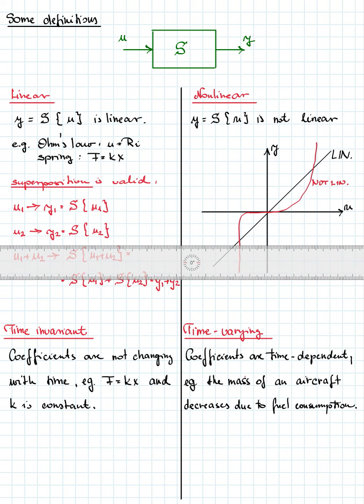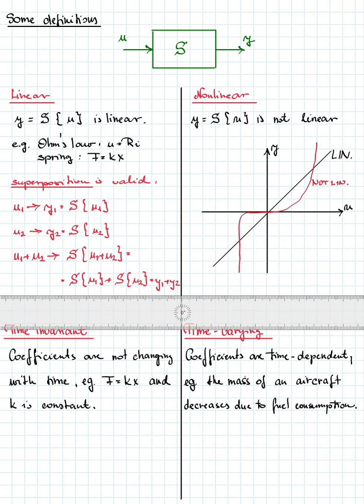The output for u1 is y1 and the output for u2 is y2. It can be obtained if we solve, for example, the ODE for u1 and u2. And now the question is, what is the output if we sum u1 and u2?